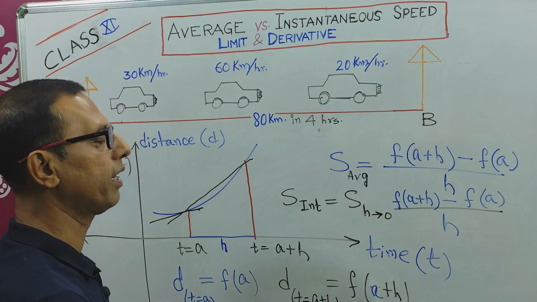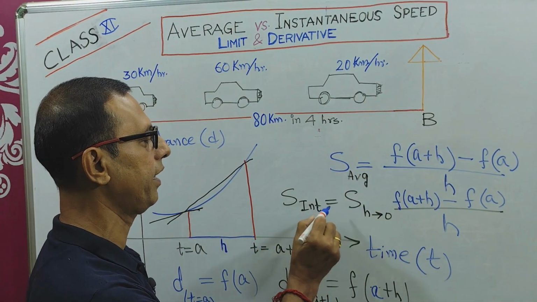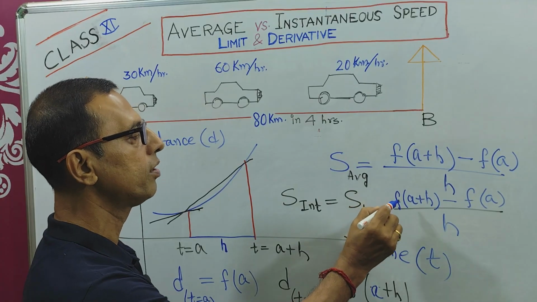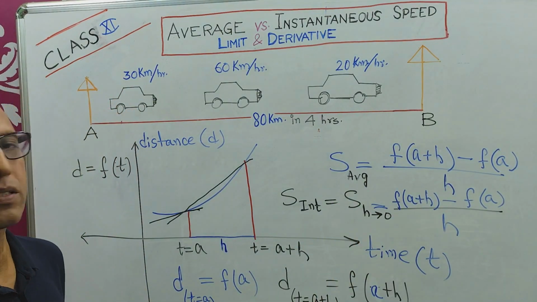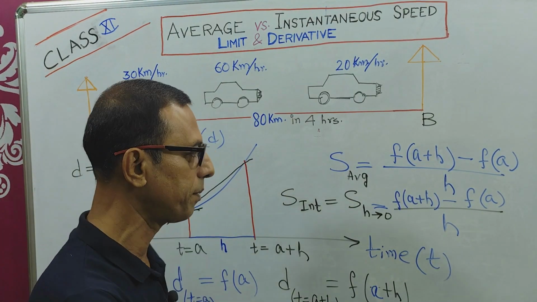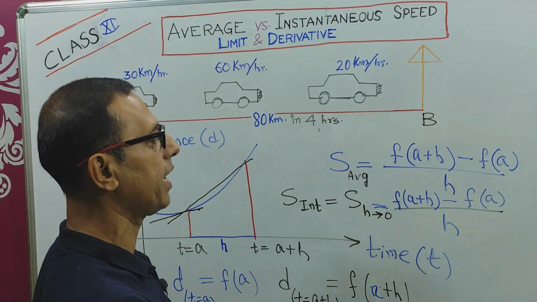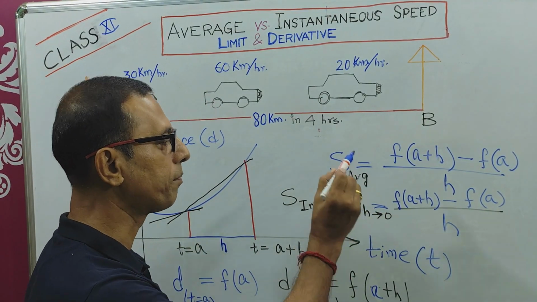That is how the instantaneous speed looks. As h tends to 0, f(a plus h) minus f(a) by h. That is the definition of instantaneous speed, and this is the concept of limit. This is the concept of derivative.